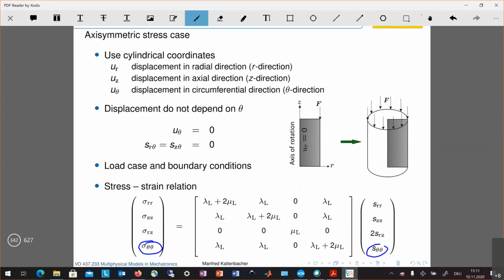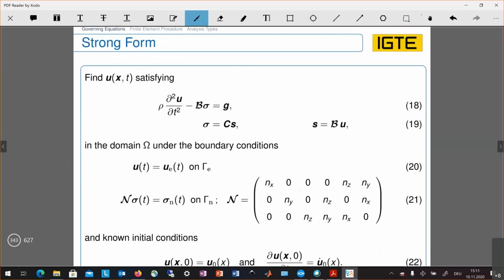You note that the strains are computed out by the derivative of the mechanical displacements, and if the quantity itself is zero, that does not mean that the derivative with respect to this coordinate is equal to zero. So we have to be careful that this also has to be taken into account in the axisymmetric case.